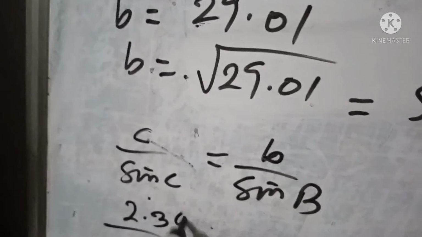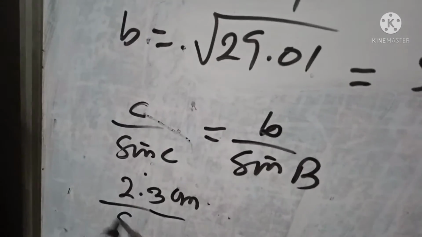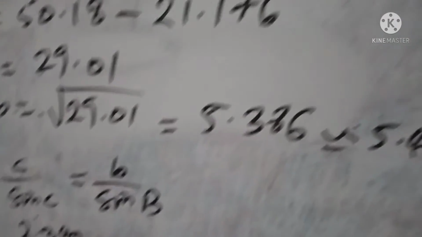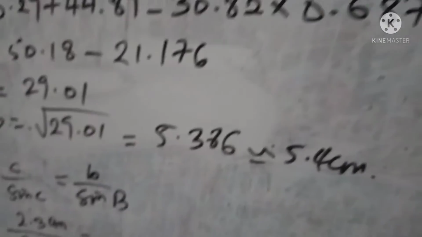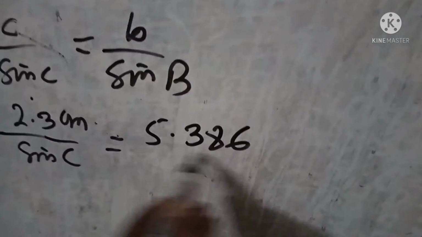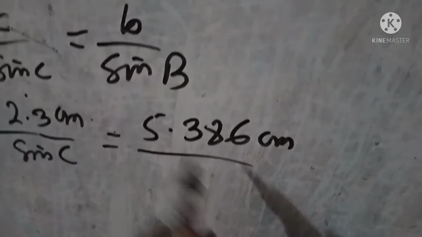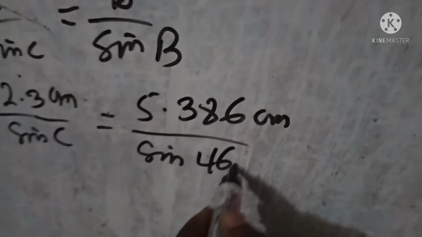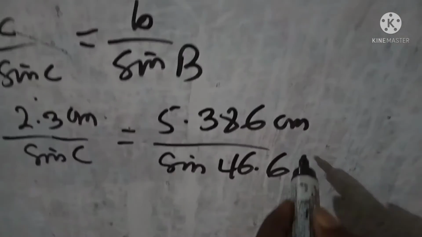So that will be 2.3 centimeters over sine C. We don't know that value. And what is b? But don't use the approximate value. So we are going to use 5.386 centimeters over sine B. And B is 46.6 degrees.